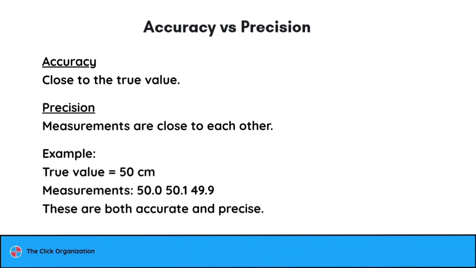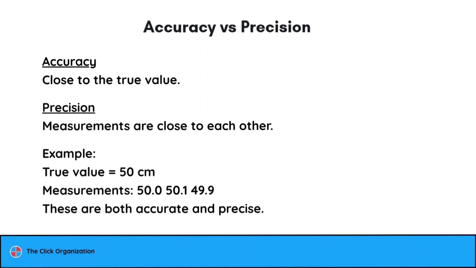Accuracy versus precision. Although they are often confused, accuracy and precision are not the same at all. Accuracy means that a measurement is very close to the true value. Precision means that repeated measurements are very close to one another, even if they are not exactly equal to the true value. A good scientific measurement should be both accurate and precise.